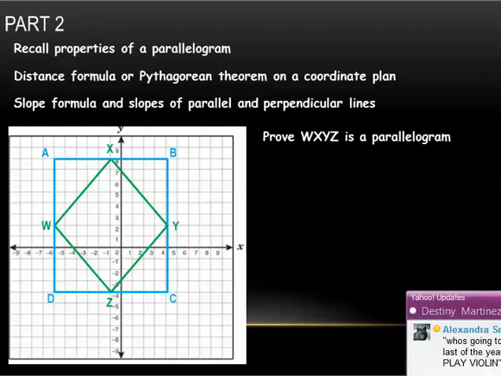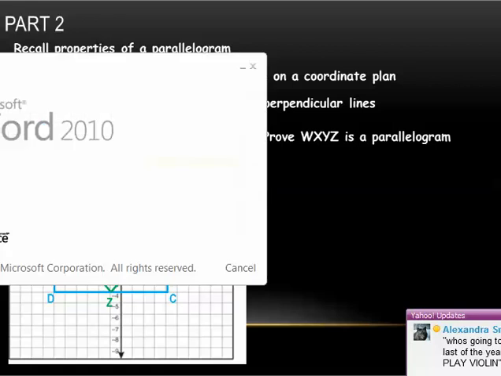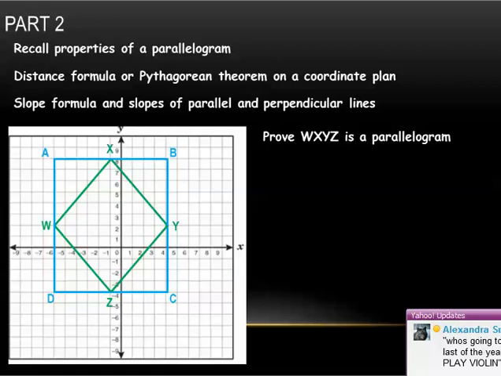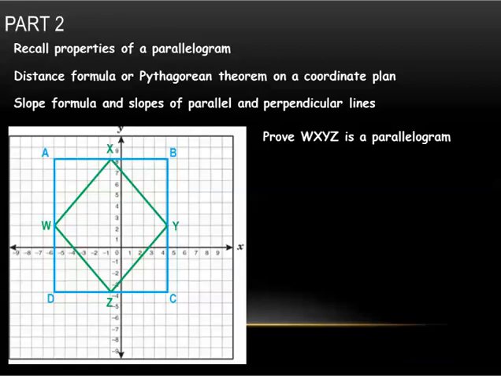And you've got to know how slopes are related for parallel lines and perpendicular lines, because that's part of helping you prove whether it's a parallelogram or not. Notice how I wrote down here, prove WXYZ is a parallelogram.